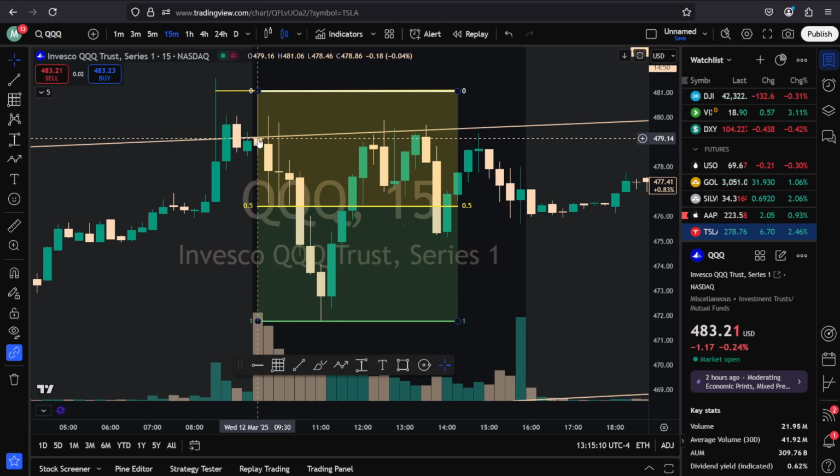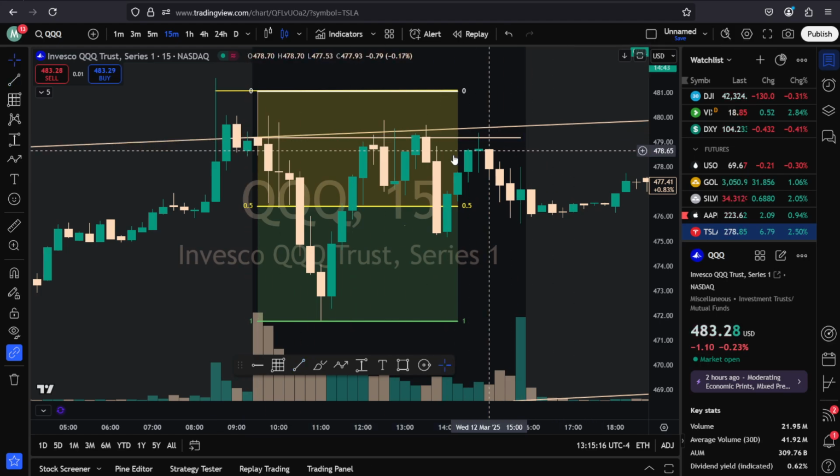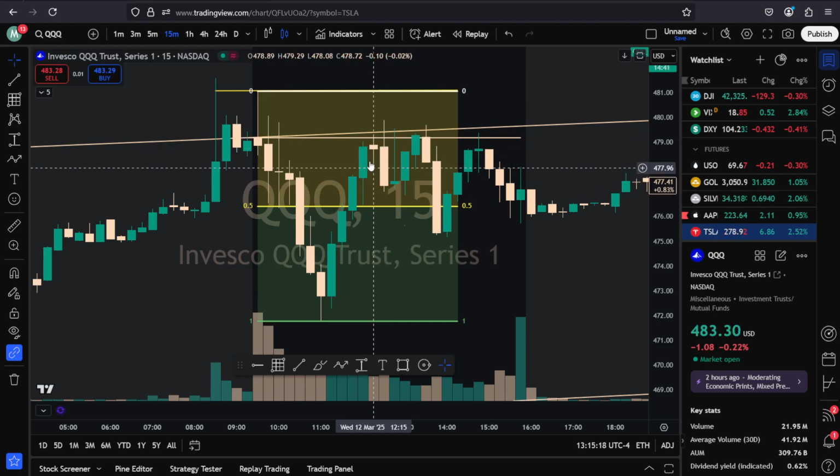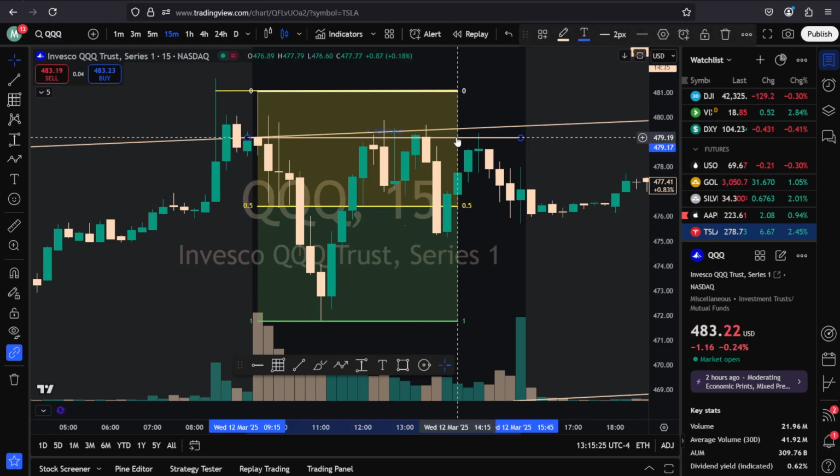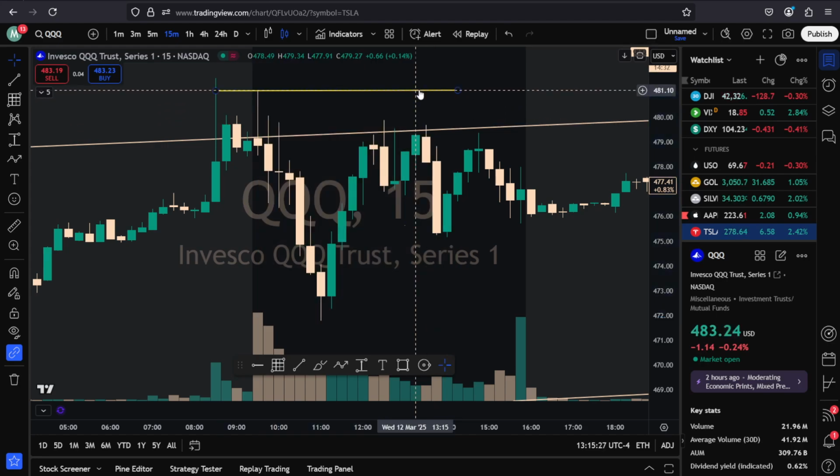True open in this case was 479.11. So we draw a line there, draw it out to the right. Price action struggled to proceed over that level, proved to be a resistance, and then we get a nasty little rejection off that. So true open and the 50%, they work very well together, almost hand in hand.